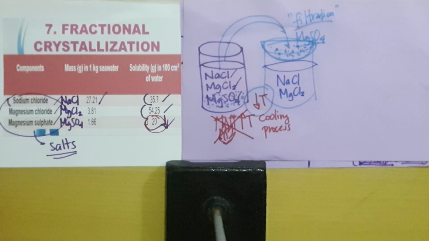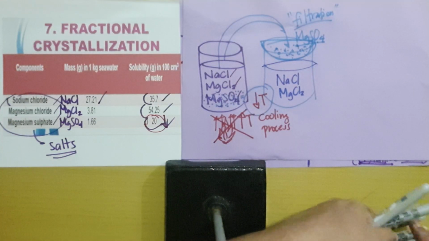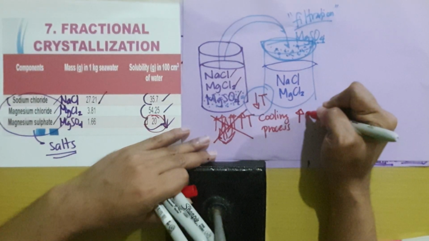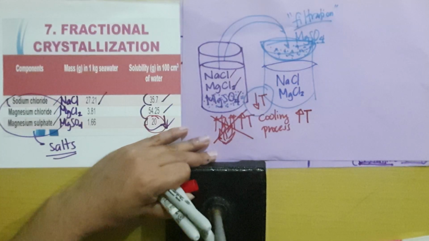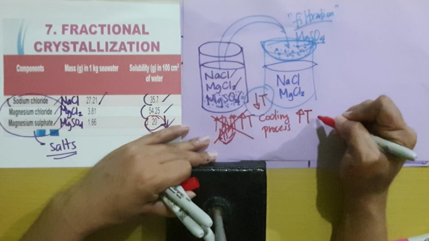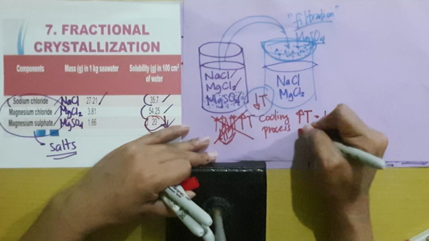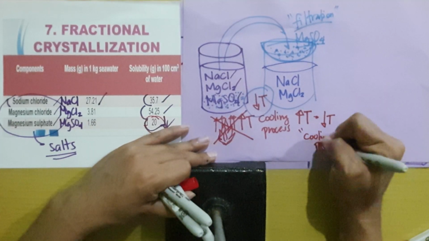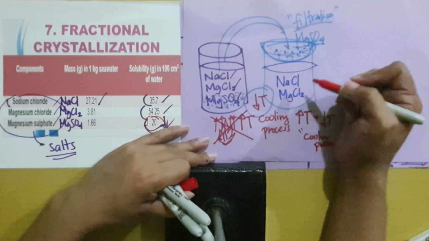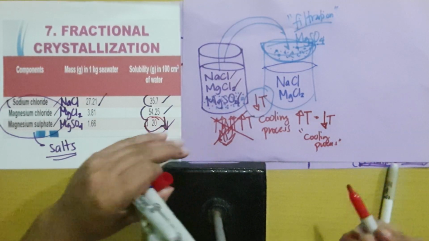And then, after this process, this solution once again will be subjected to a very high temperature, and then afterwards it will be subjected to the cooling process. The cooling process will occur once again. Once it was subjected to a very high temperature, after that it will be subjected to a very low temperature, the cooling process.